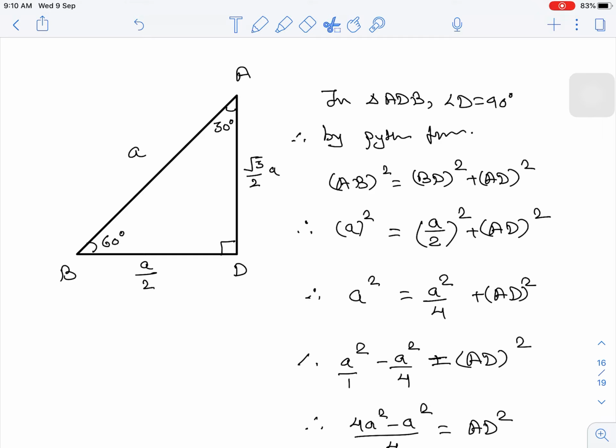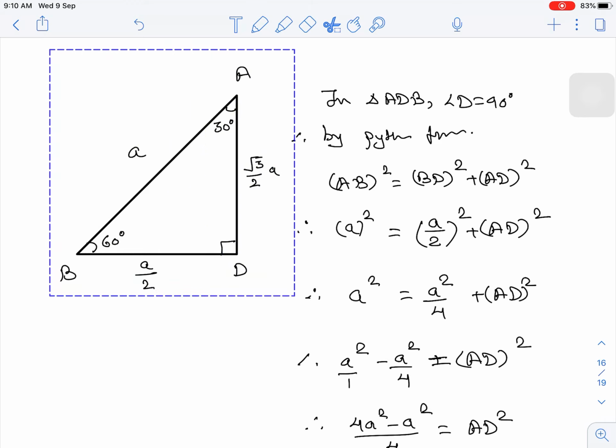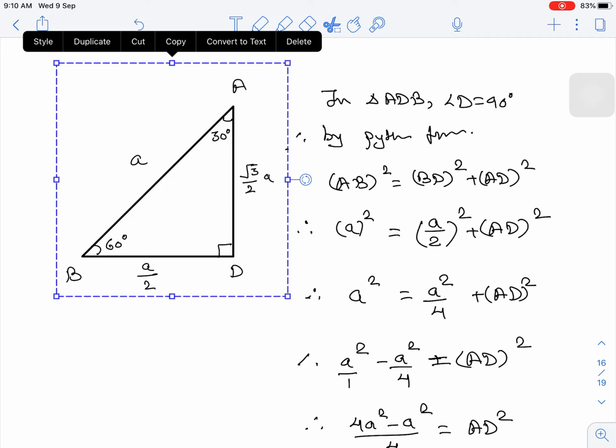Okay, now for this triangle, or with the help of this triangle, we are going to find some more values.